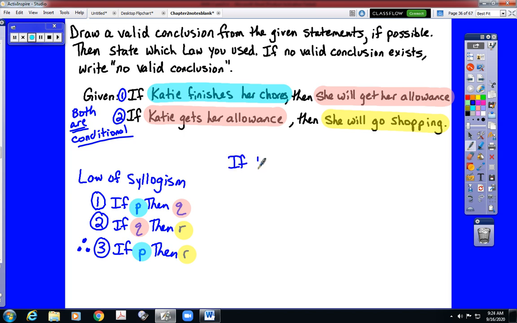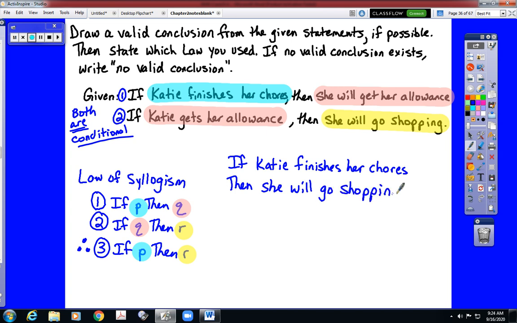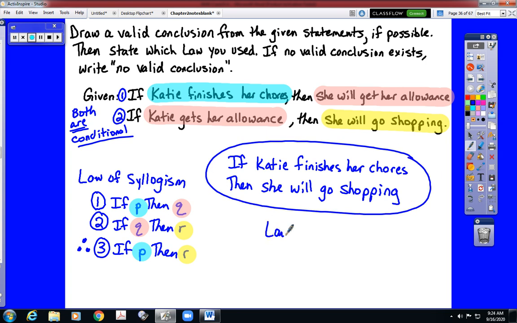We would say if Katie finishes her chores, which is P, then R, she will go shopping. This is a valid argument based on the law of syllogism.